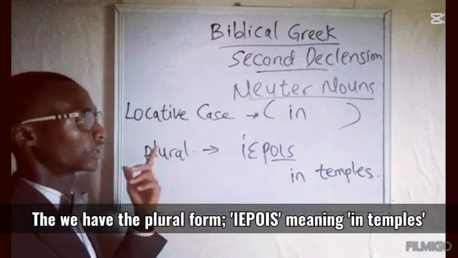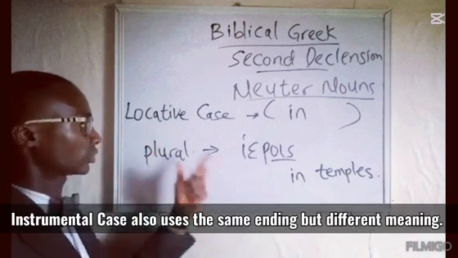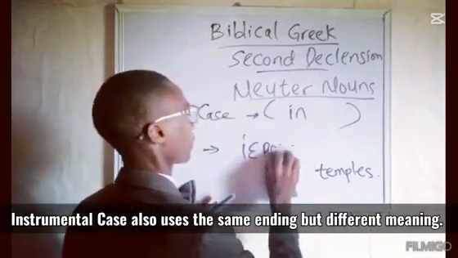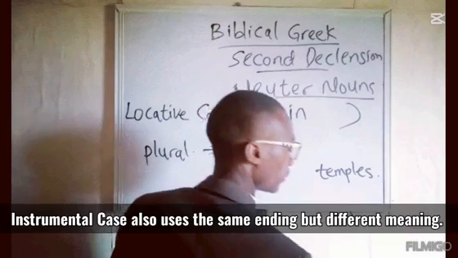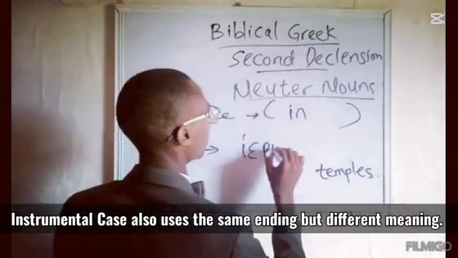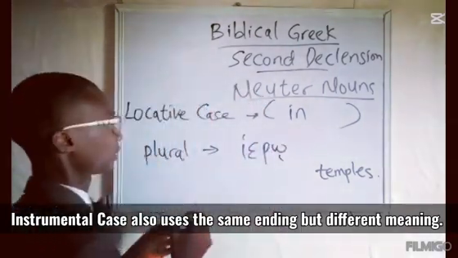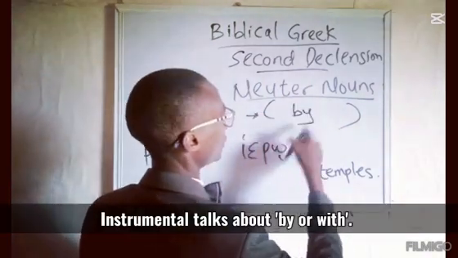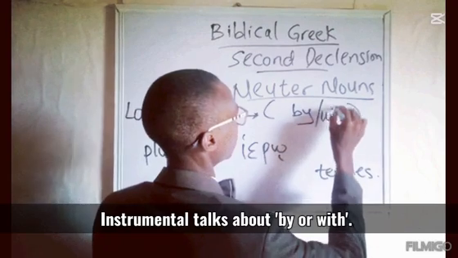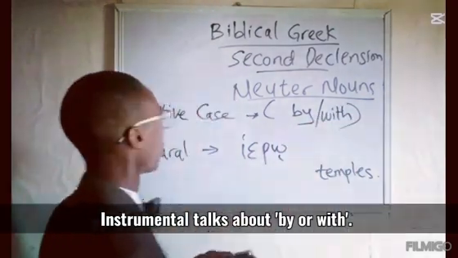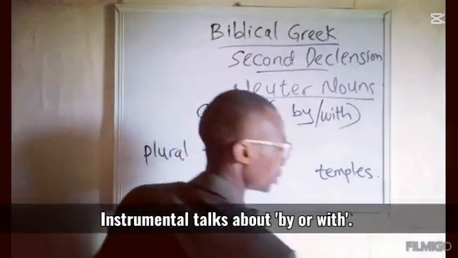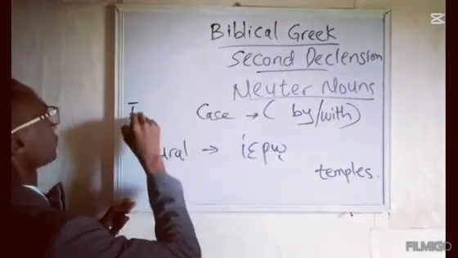Then instrumental also takes the same ending. Instrumental, just like we have it in the masculine, talks about the means by which things are done, so it is either by or with. We have it here.